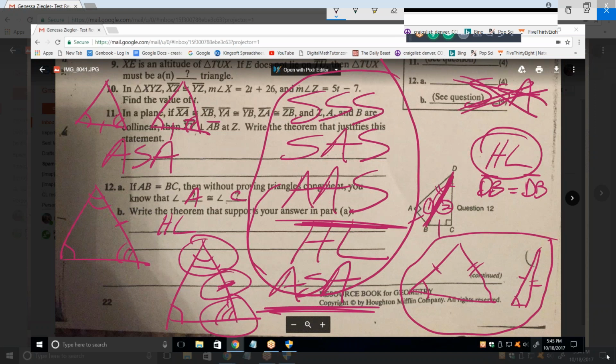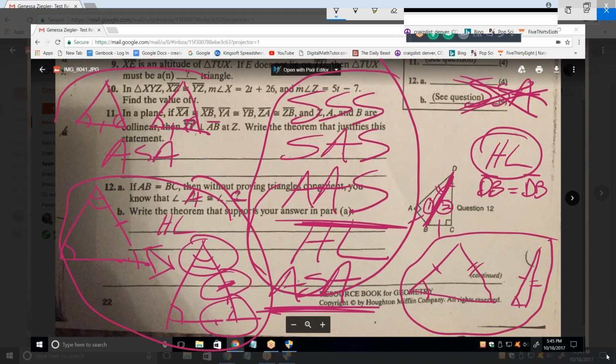Okay, well, let's say you have the bottom situation where I didn't know this third angle. In other words, I don't know that angle's equal yet. So this is angle, angle, side, okay? So this you would put angle, angle, side.